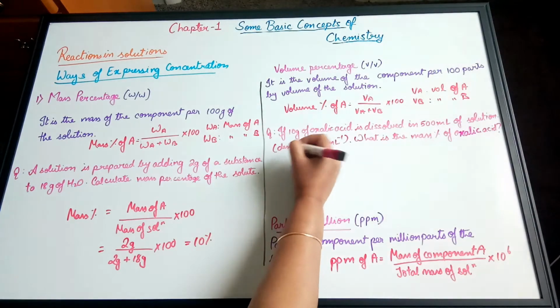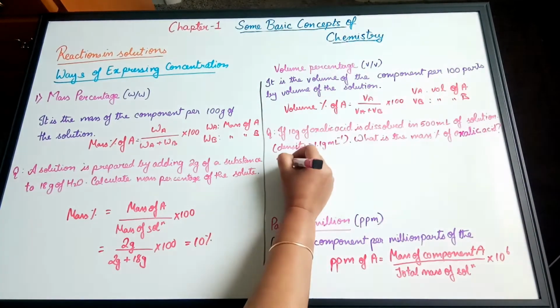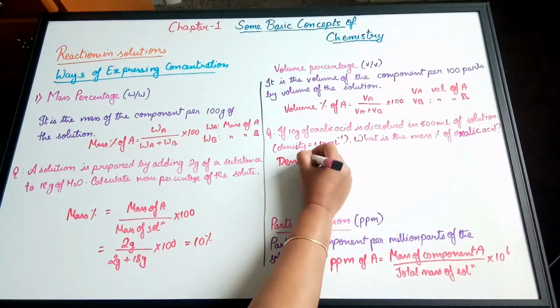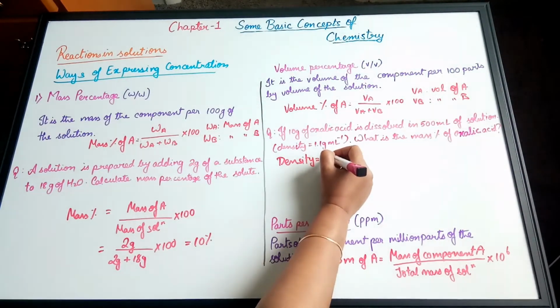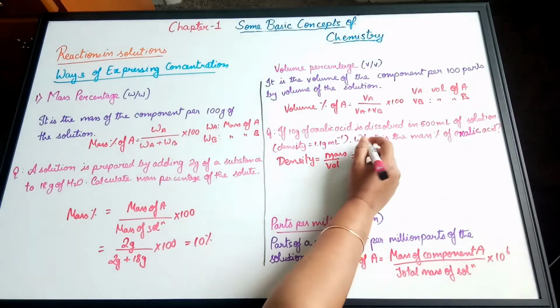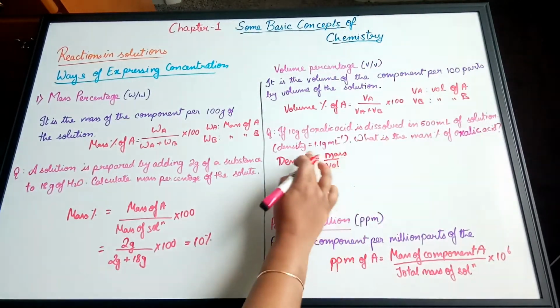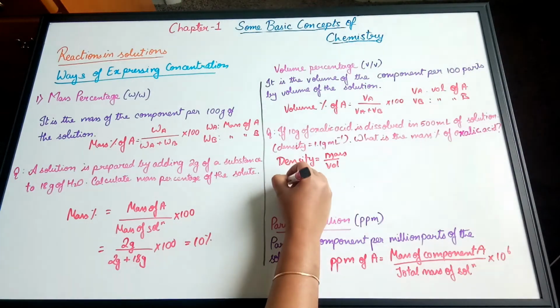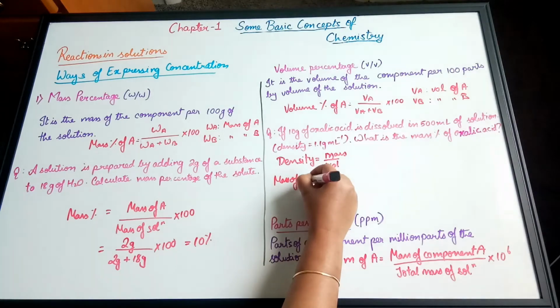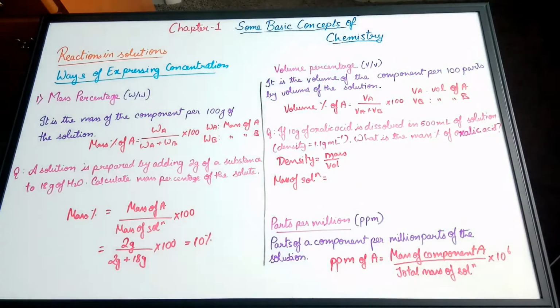We've been given density, 1.1 grams per ml, and density is also equal to mass by volume. So the mass of the solution will be equal to the density into volume.